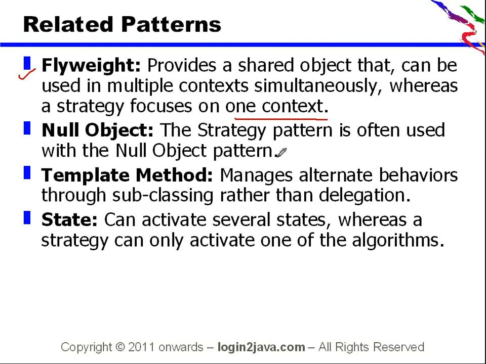The null object pattern basically reduces the chances of null pointer exceptions. Template method manages alternative behavior through subclassing rather than delegation. What we saw was delegation. So template method is a pattern that manages alternative behavior through subclassing. And state can activate several states, whereas strategy can only activate one of the algorithms. So these are some of the related patterns.